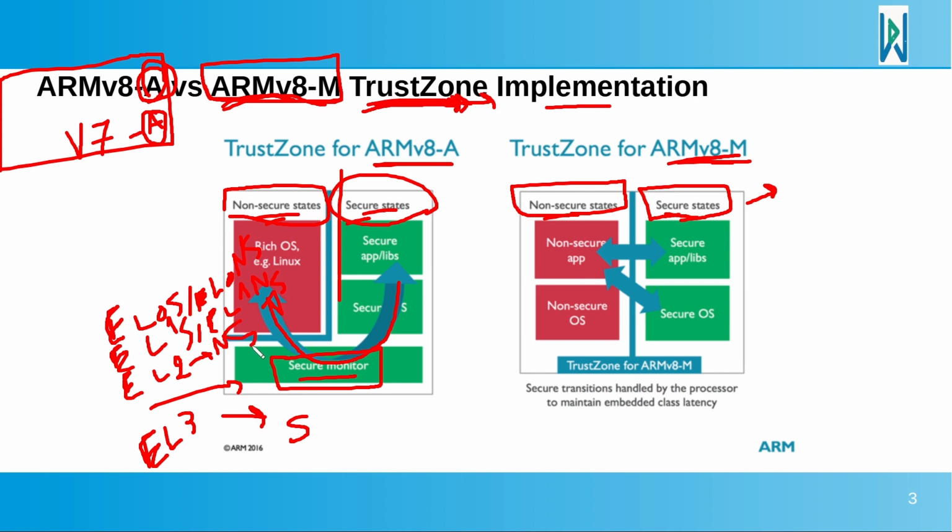Now, as you can see here, exception levels 0 and 1 can be either secure or non-secure. The way to switch between exception level 0 secure and exception level 0 non-secure, same here for exception level 1, is via exception level 3.